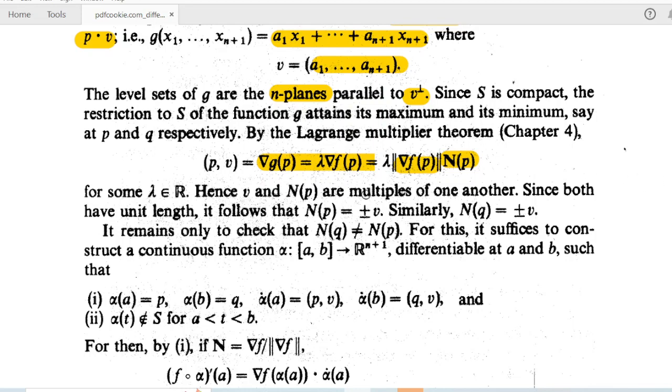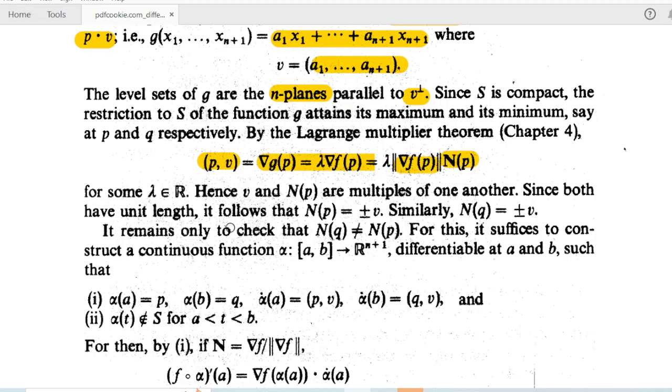So comparing on both sides, here it is (P, V), here it is (P, lambda norm of nabla F of P N of P). So comparing on both sides, we get that V and N of P are multiples of one another. Since both have unit length, the vector V and N of P are multiples of each other. We get V is equal to lambda norm of nabla F of P into N of P.